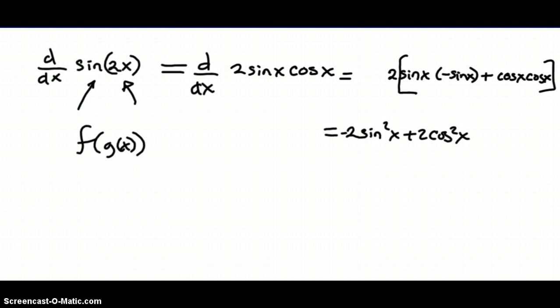I could simplify even further, and I don't know if your book will, but I notice that I've got a sine squared and cosine squared here. I could pull out the 2, and I have cosine squared minus sine squared, which doesn't have an identity, but cosine squared plus sine squared does, so I can replace either the sine squared or the cosine squared with something.